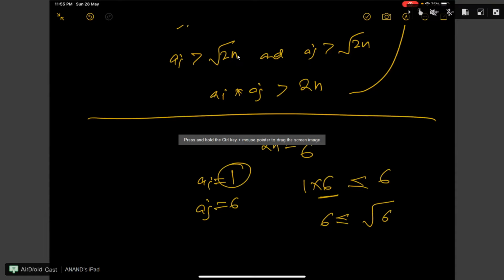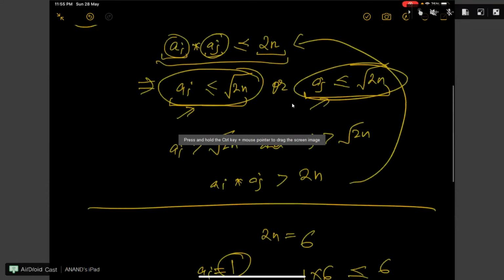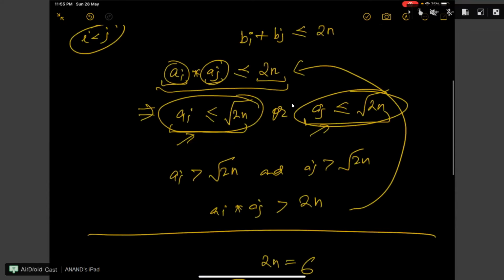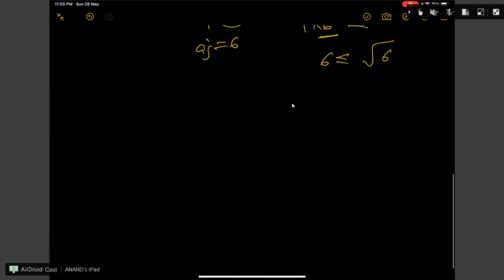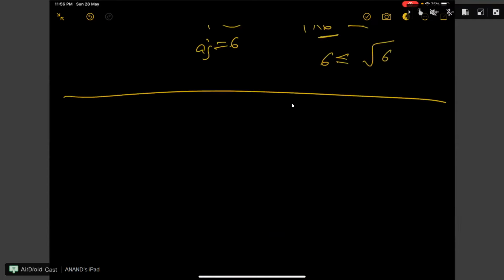Okay. So I hope up to this point it is clear that if ai times aj is less than or equal to 2n, then either ai will be less than square root of 2n or aj will be less than or equal to square root of 2n. So we divide our searching or counting in two parts. The first part consists of counting those pairs ij such that ai is not equal to aj.